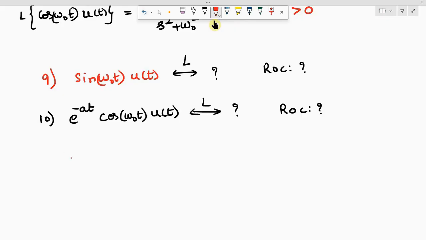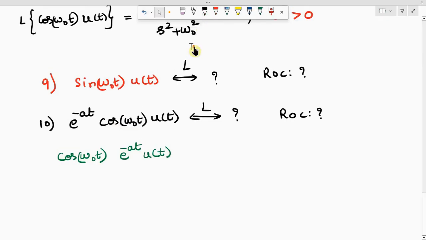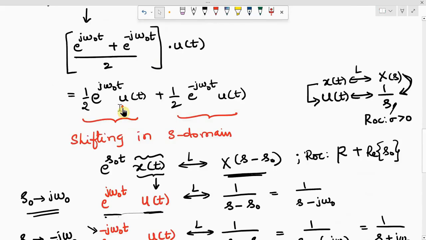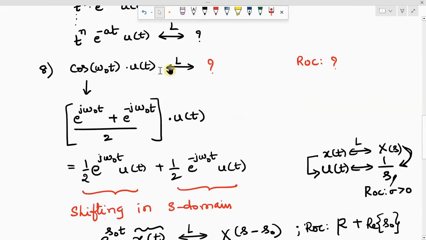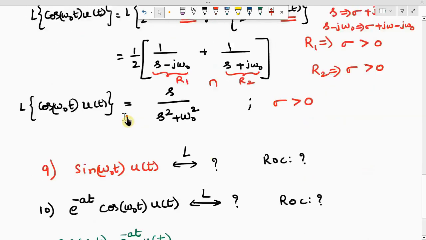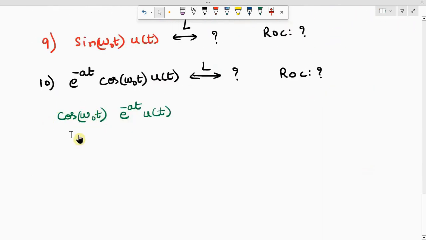Simply rearrange it, because we know e power of minus at u of t very well. Earlier you had cos omega naught t into u of t. Now you have cos omega naught t into e power of minus at u of t.